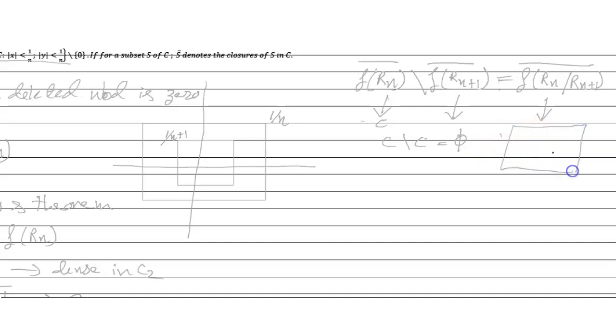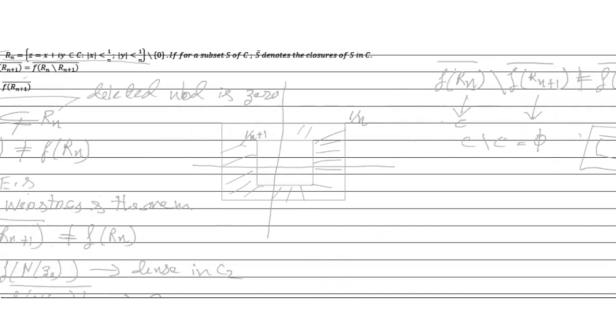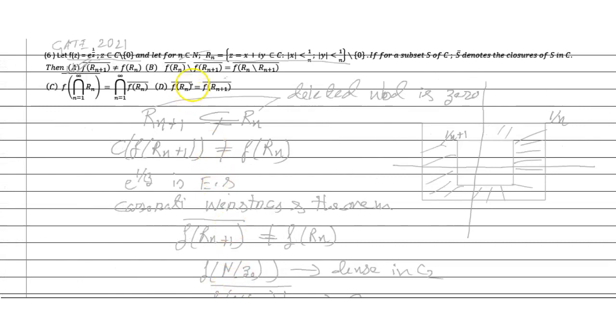Suppose this is Rn, these portions, the closures of this portion, so it is not empty, so the equality does not hold. So friends, whatever you see, option B is false.